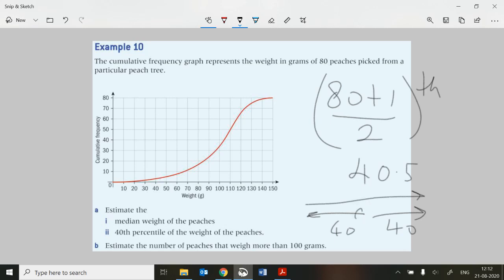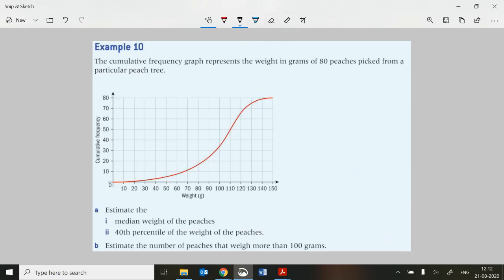At the end of this first 40 is the 40th. The start of the next 40 is your 41st. You can just take these two and take an average of those two results. We don't need to do that here, because we can just draw a line across. It's really difficult to draw a line across 40.5, so although you can say that you're doing that, in truth, we can't do much better than follow that line across and then follow it down.